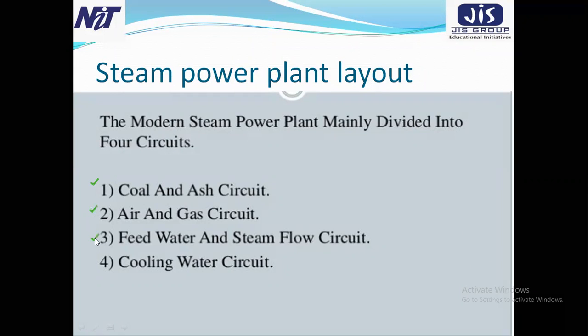The third one is the feed water and steam flow circuit. And the last one is the cooling water circuit. So these are the 4 circuits of a modern steam power plant. The whole layout is divided into these 4 main parts.